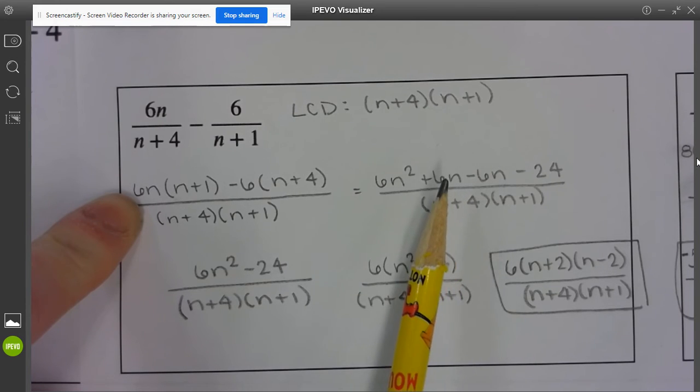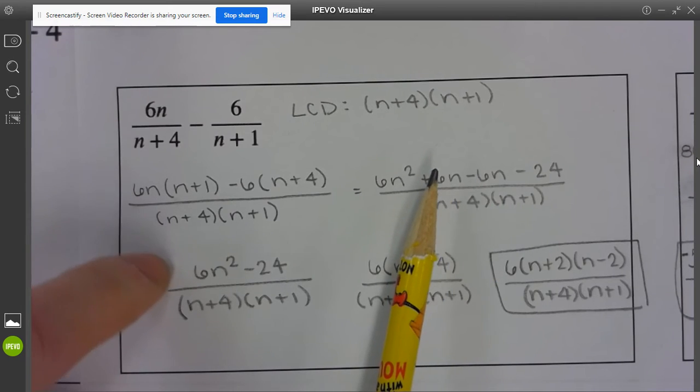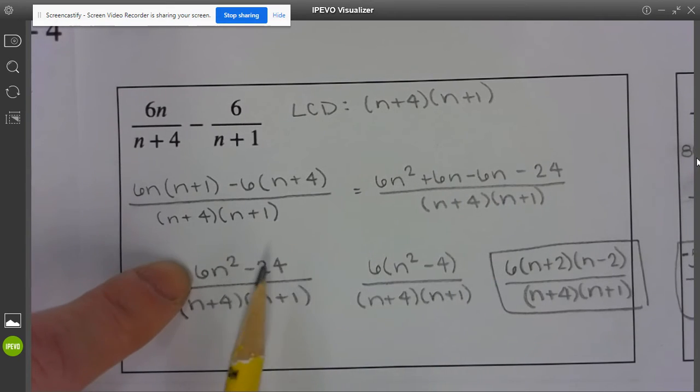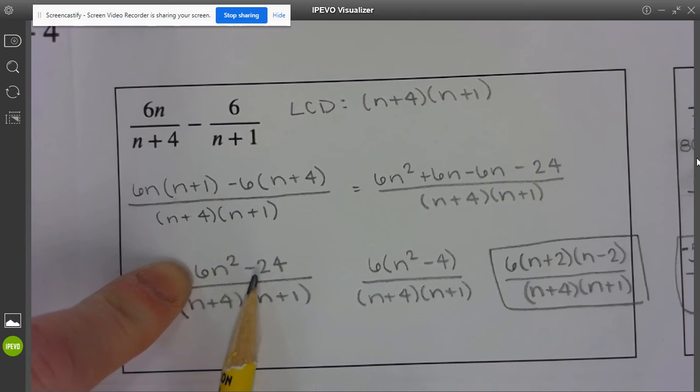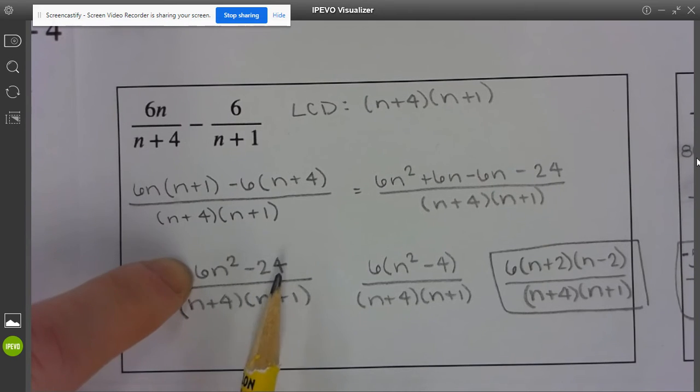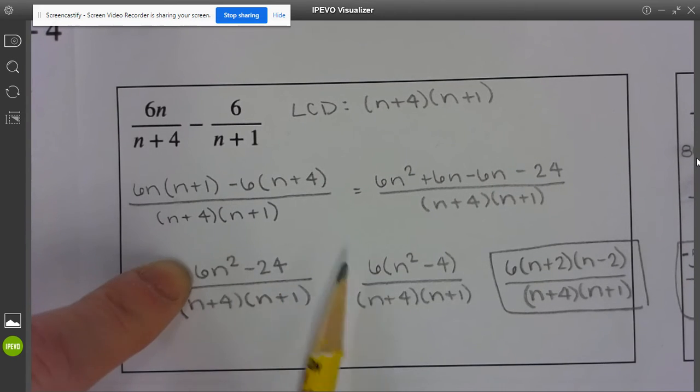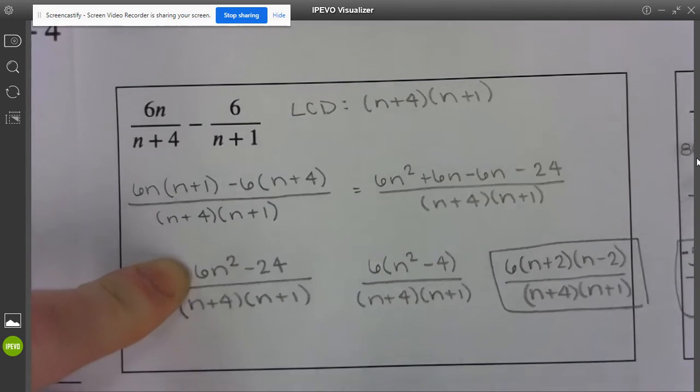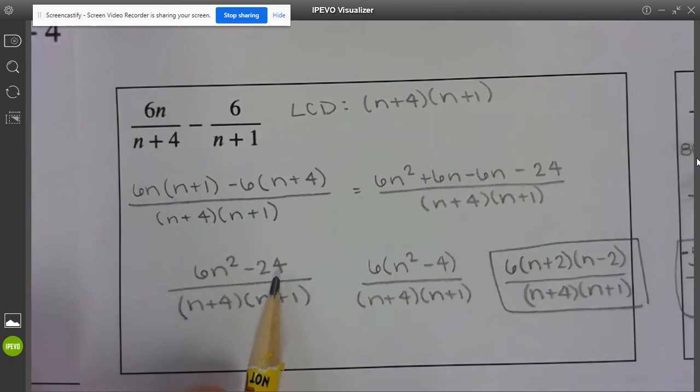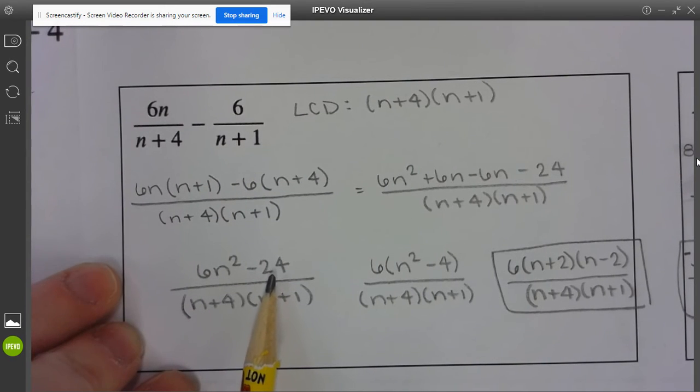Now you'll notice that these 6n's for my linear term cancel out to 0, and I'm left with 6n squared minus 24. Because this is one of my special case factoring lookalikes, what I did was I noticed that 6 and 24 both have a common factor of 6.